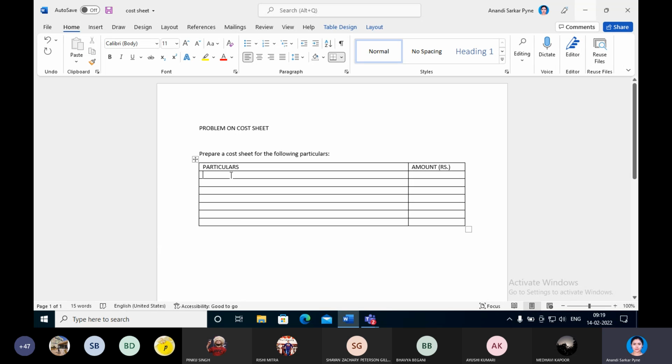This is the question: prepare a cost sheet for the following information. What is the information?